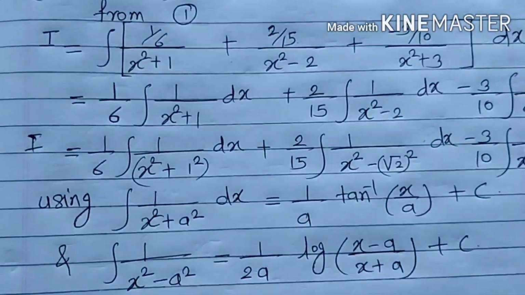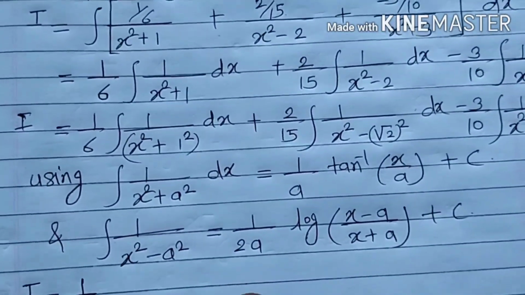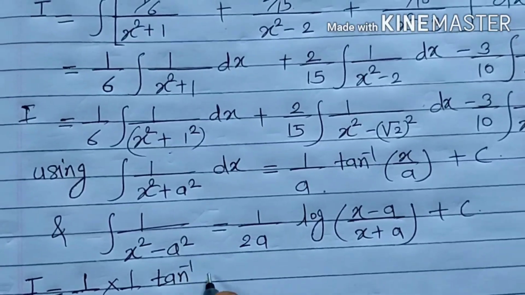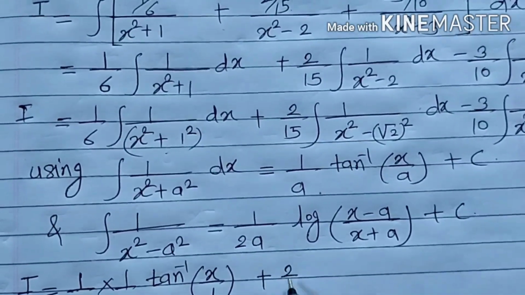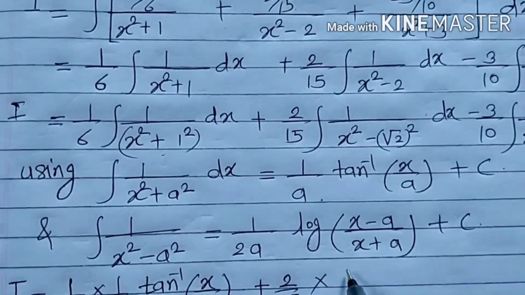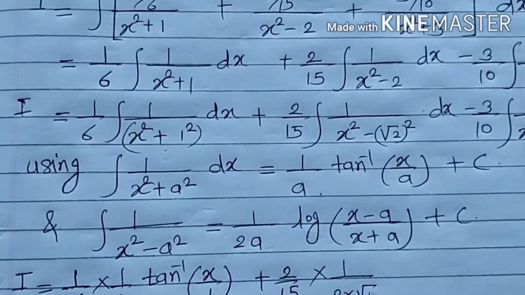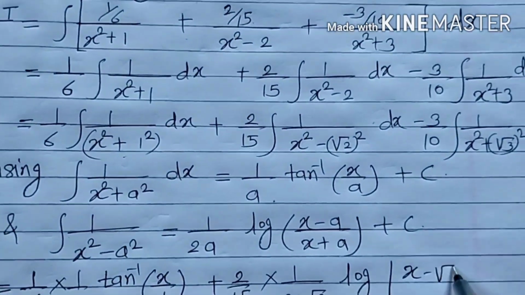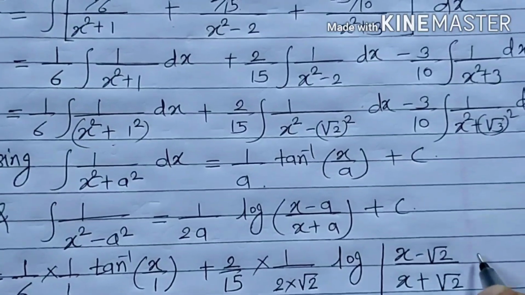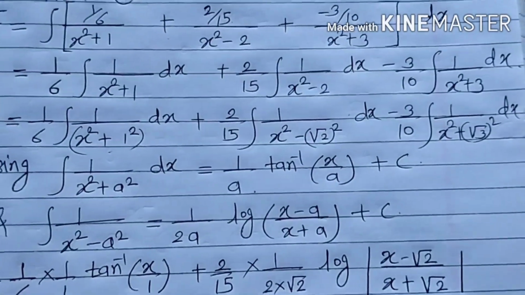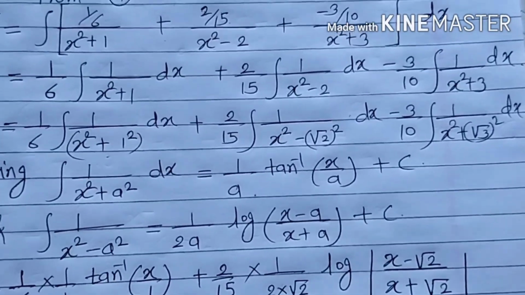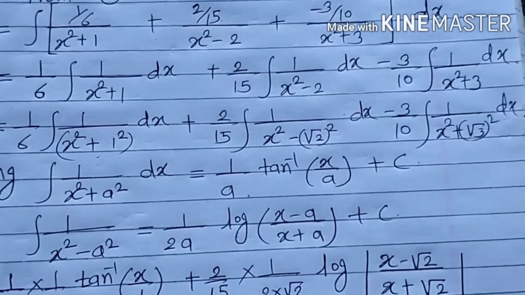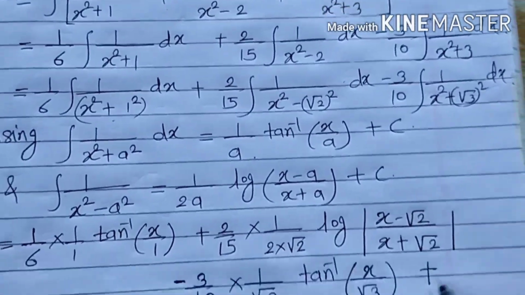Using those values, we get I is equal to 1 upon 6 as it is, here a is 1, so 1 upon 1 tan inverse x upon 1, plus 2 upon 15 as it is into 1 upon 2a, so 2 into root 2, log of x minus a upon x plus a, and last minus 3 upon 10 as it is into 1 upon a tan inverse x upon root 3 plus c.